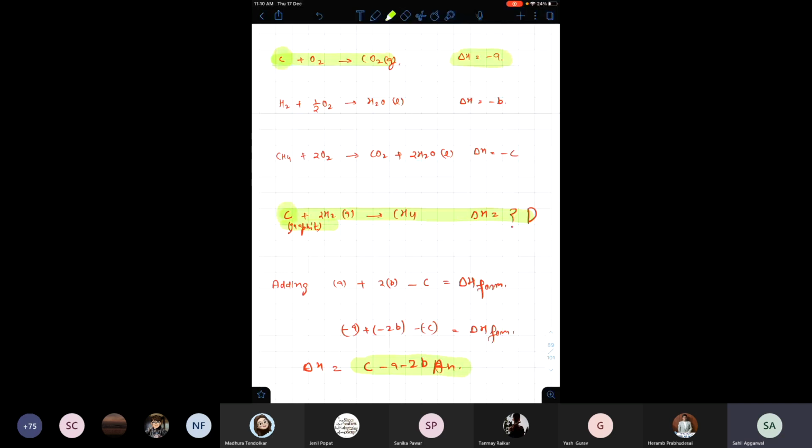So we have multiplied this equation by 2. Once you have multiplied the equation by 2, you will be getting 2H2. So you will be doing first equation plus 2 times second equation, and then you subtract the third equation. Whatever you are doing with reactions, same thing you have to do with delta H also. And hence will be your answer.